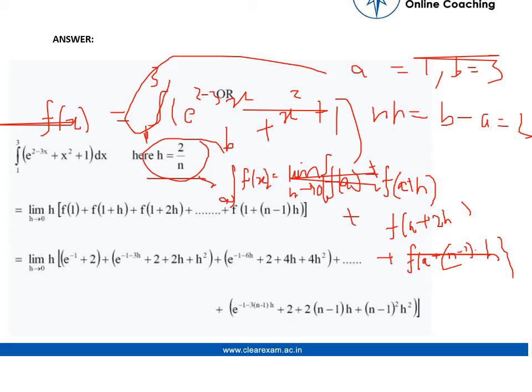Now what we need to do here is find the individual values. First of all, we'll find the value of f of a, which is f of 1, which is e raised to 2 minus 3 into 1.